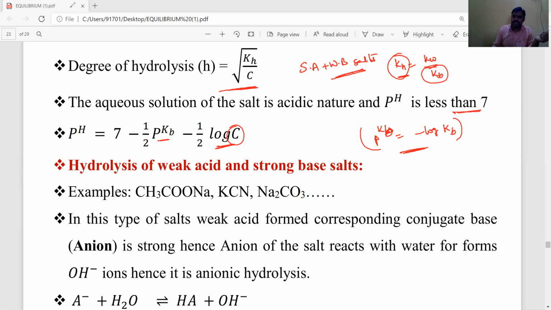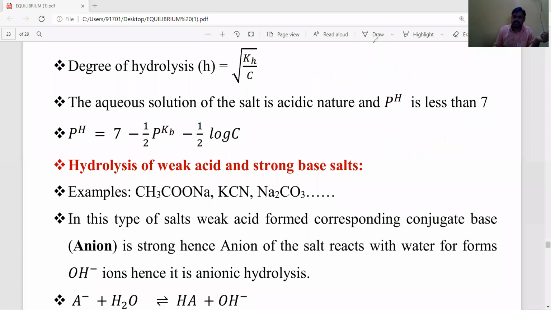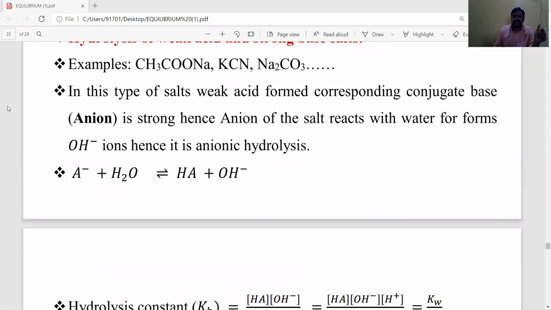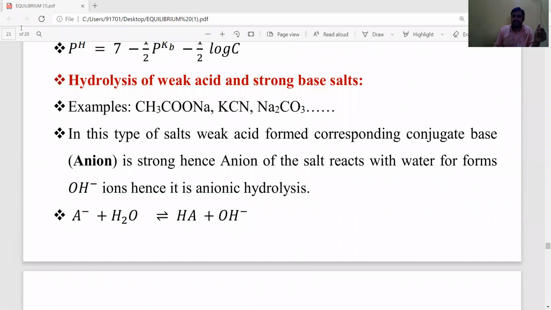Okay, next, third kind of salts. Listen carefully, students. The third one is the reverse, means weak acid, strong base salts. The acid is weak and the base is strong.